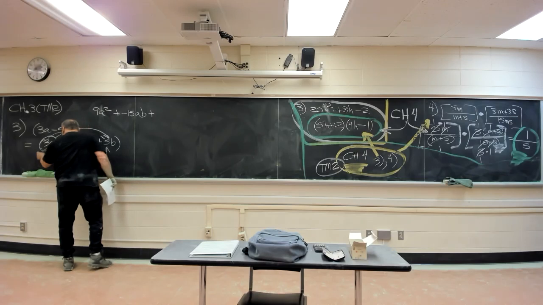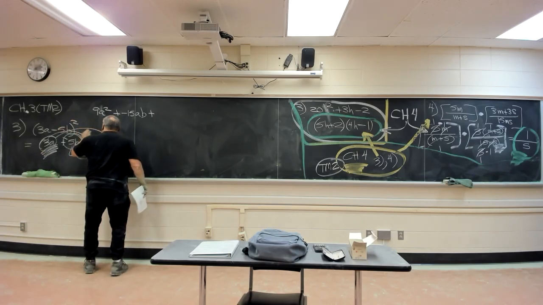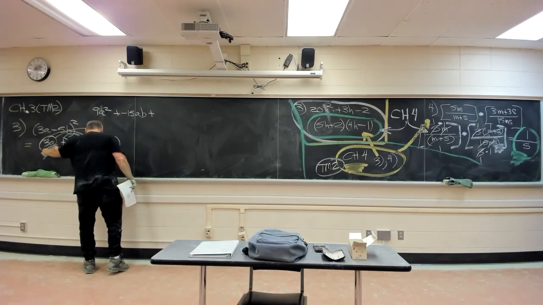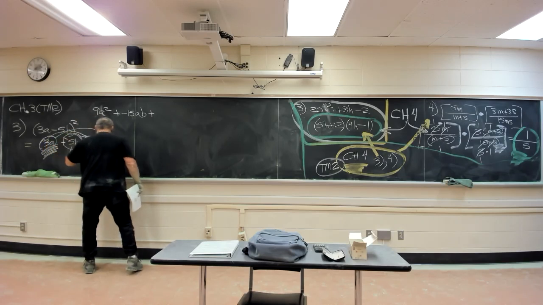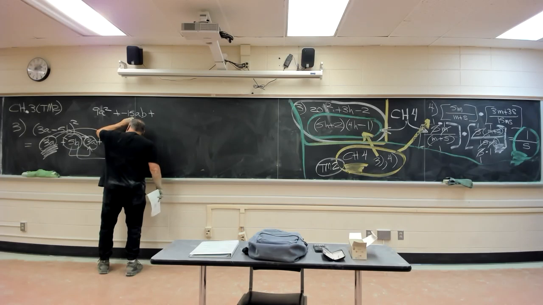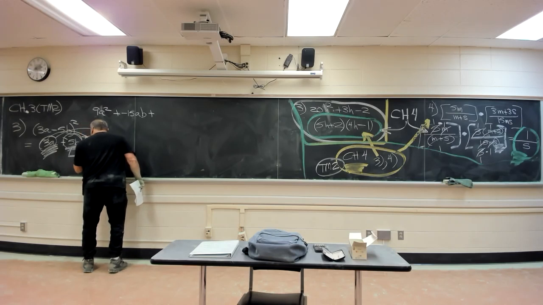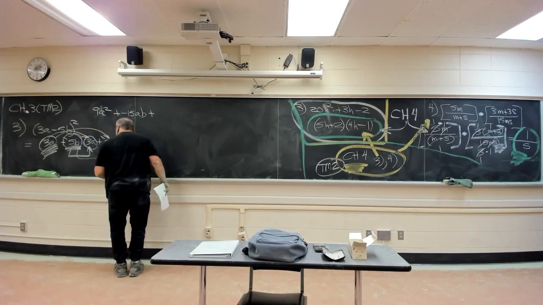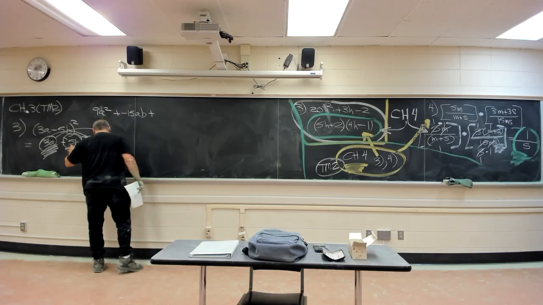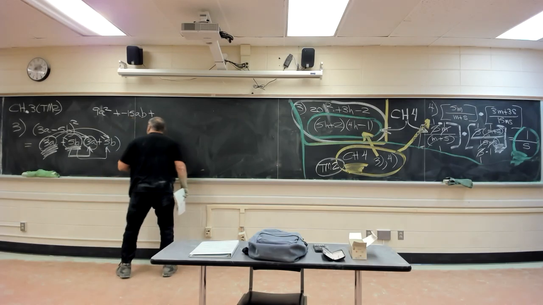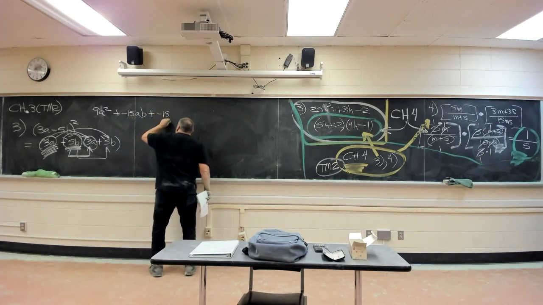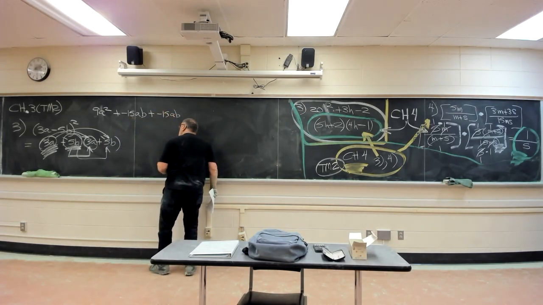We went 3a times 3a and got 9a squared. 3a times negative 5b, we got 3 times negative 5 is negative 15, a times b is this. Then we went here. Let's do it again. Negative 5b times 3a. Important to know that. Negative 5 times 3 is negative 15. b times a is ba, or ab. Not a big mystery there.